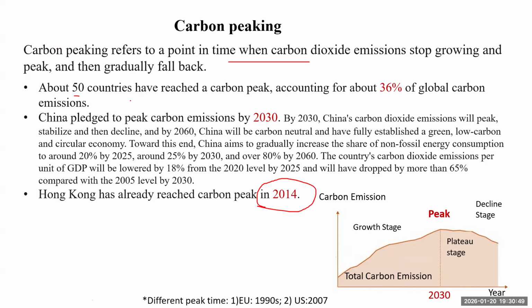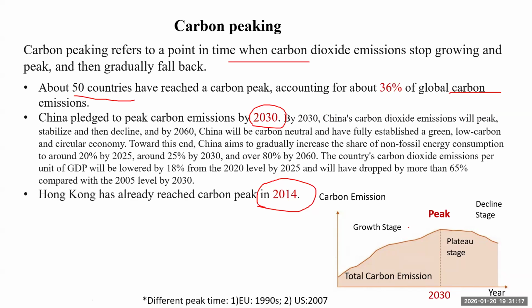And around 50 countries have reached a carbon peak, accounting for about 36% of global carbon emissions. So what about China? China has pledged to peak carbon emissions by 2030.